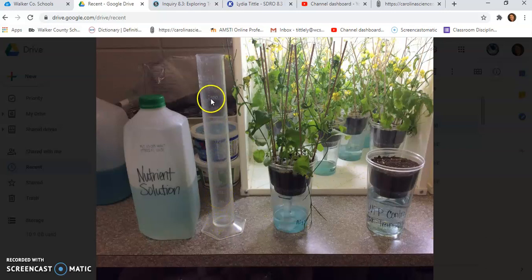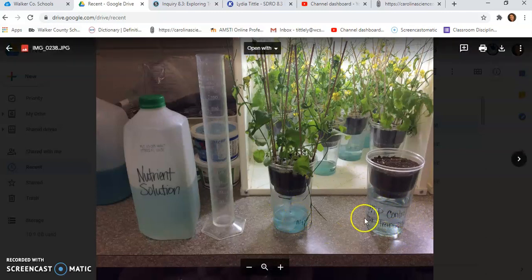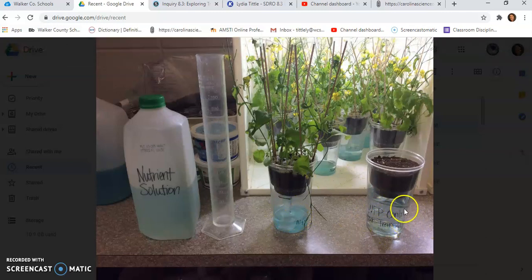They will fill it up to 250 milliliters and put exactly 250 milliliters of solution in their cup. We will also do that to the control. We'll put exactly 250 milliliters of solution in there on Friday. And then when we come back to do the lab on Monday, we will see how much of the solution the plants have used over the weekend.